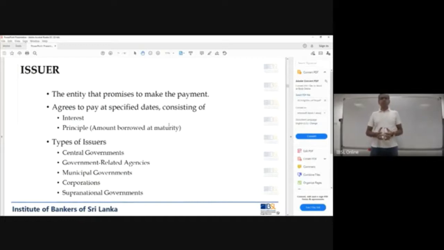Then corporates and supranational governments. Supranational governments are governments of a particular zone, like the Eurozone. They can get together and issue bonds. Organizations like OPEC can issue bonds. And that's called supranational.